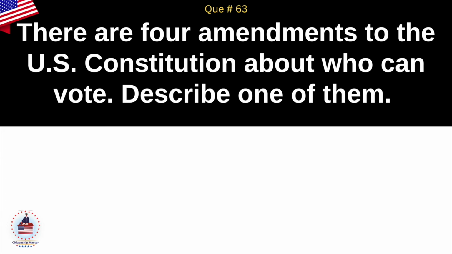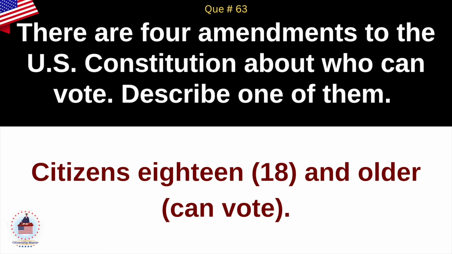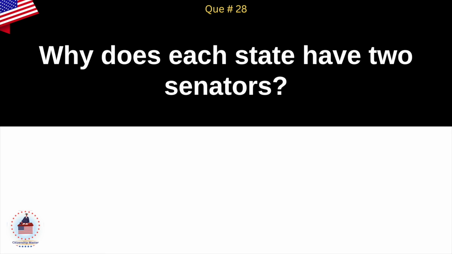There are 4 amendments to the U.S. Constitution about who can vote. Describe one of them. Citizens 18 and older can vote. Why does each state have 2 senators?